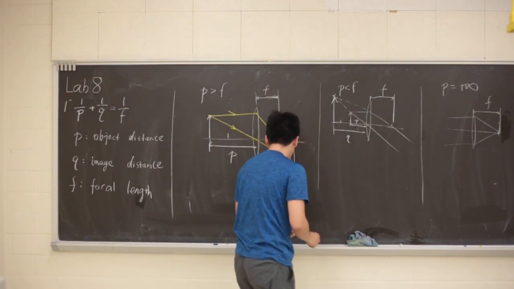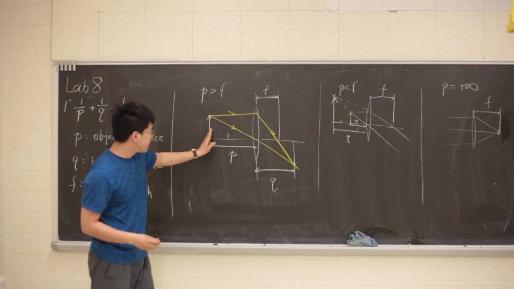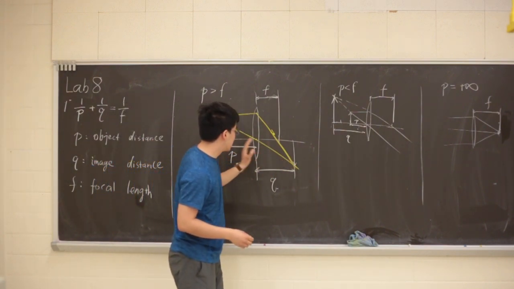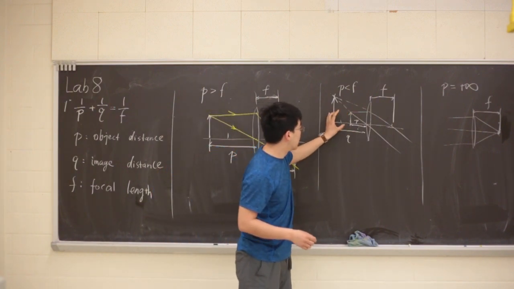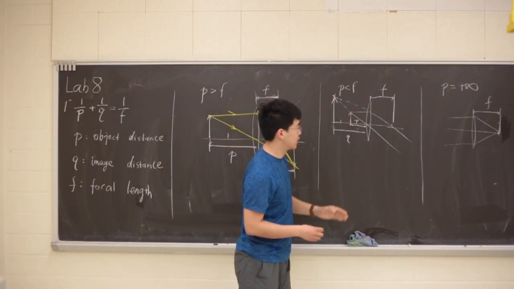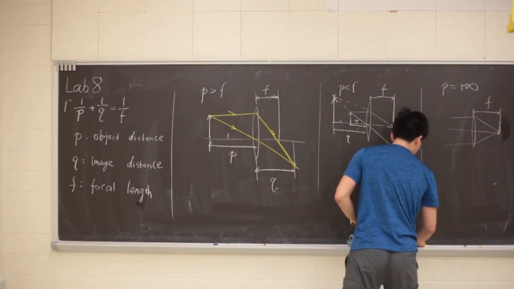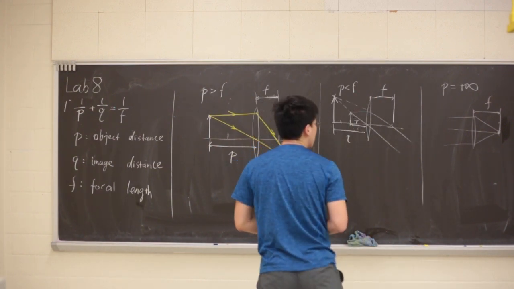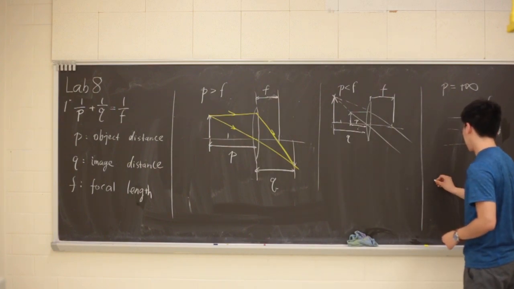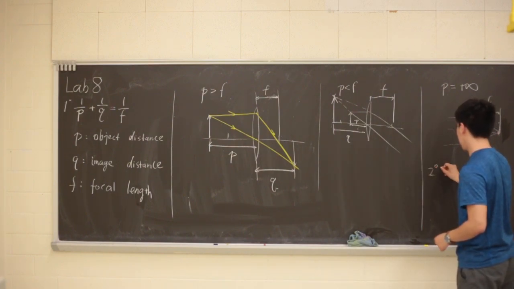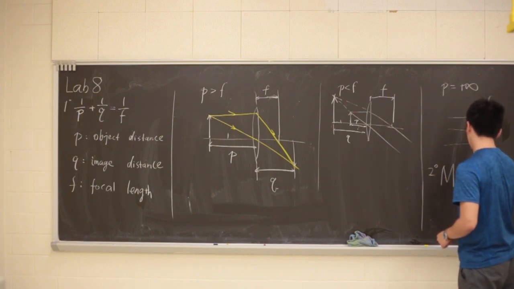Anyway, you can see that for the real image, the image is flipped for a one lens system, and the virtual image has the same orientation as the object. To put this into perspective, we can introduce another concept: magnification.